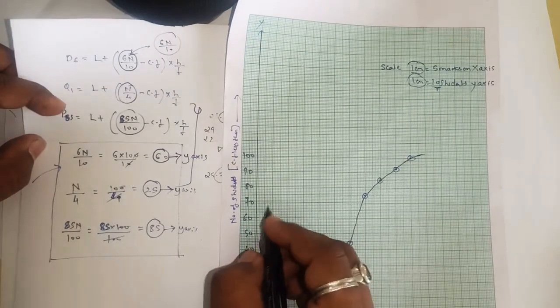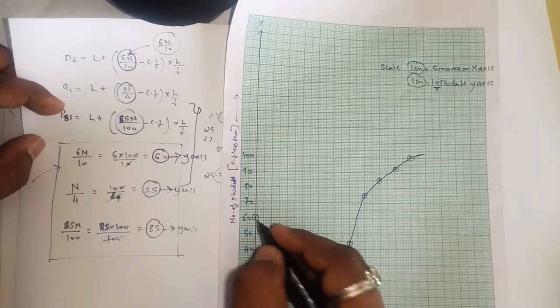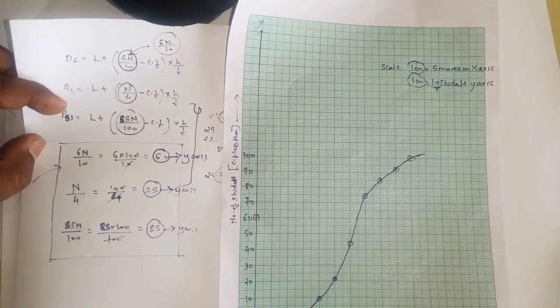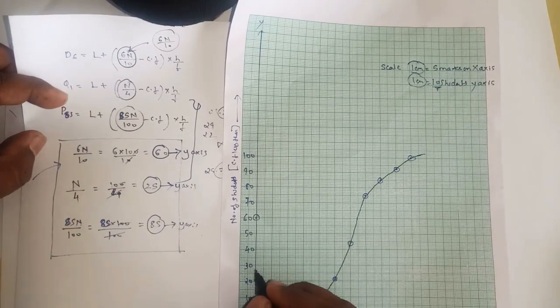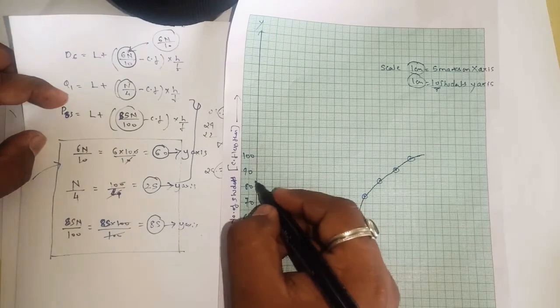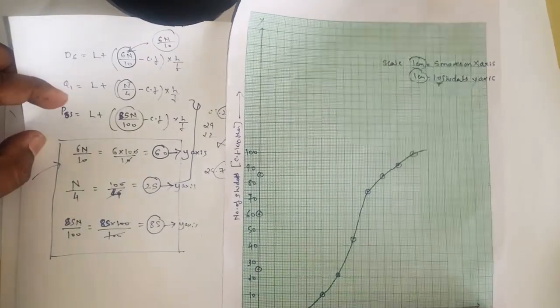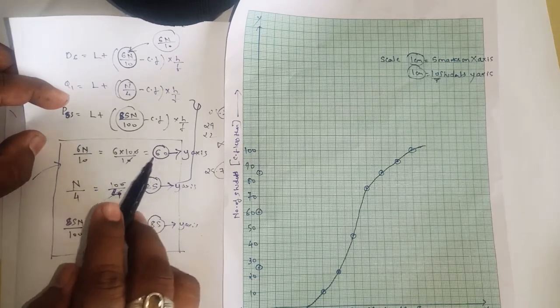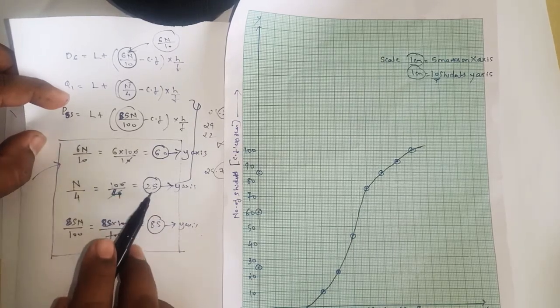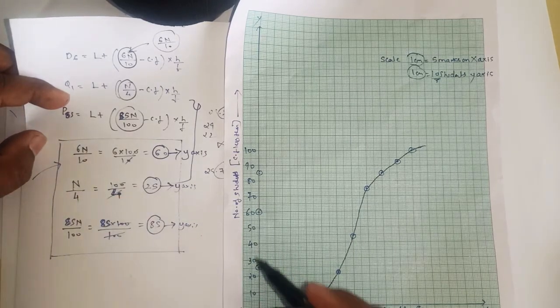60 lies here, yes or no? It lies here. 25 on the y axis here, 85 here. So this is the one method. After finding the answer, you simply have to check where 60, 25 and 85 lie, and plot.